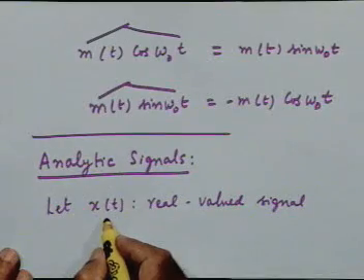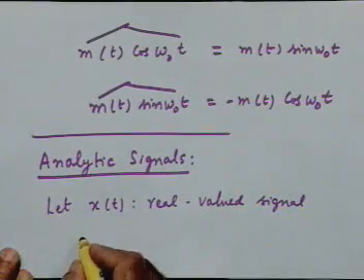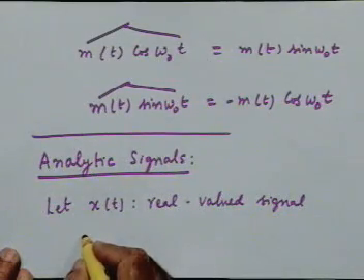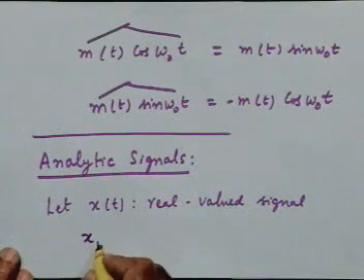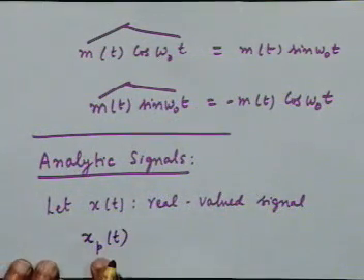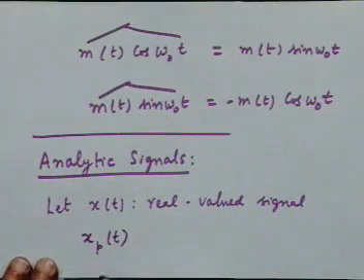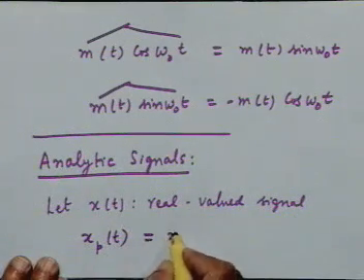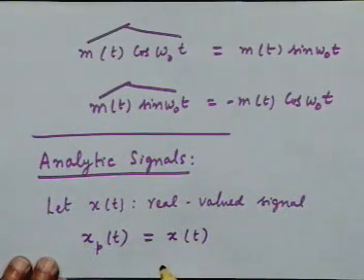So we introduce for a real valued signal x of t its complex analytic representation as x sub p of t. We will soon come to the point as to why we have used the subscript p in a few minutes, whose real part is x of t. X p of t is a complex valued signal.